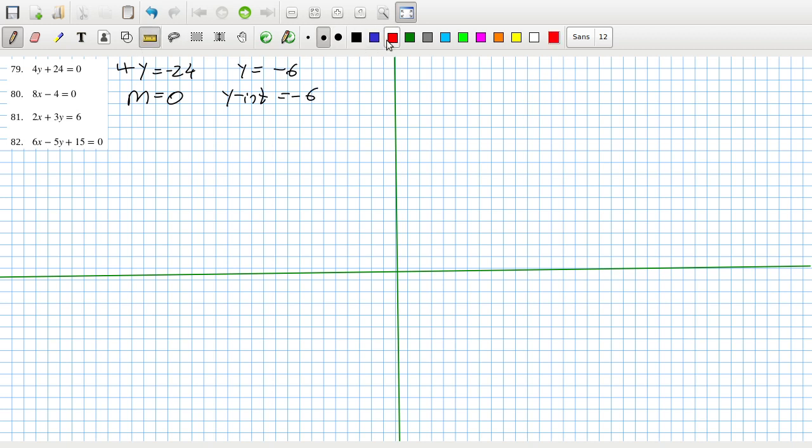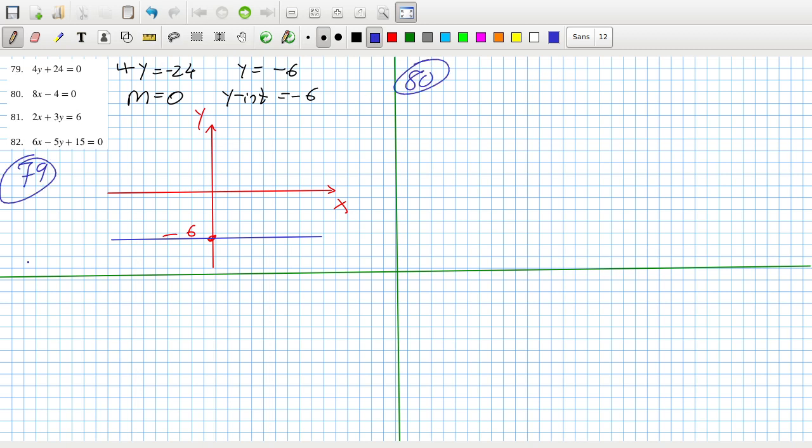So I draw my graph here. There's the y, there's the x, there's minus 6, and then there it is there. 80, 81, 82.